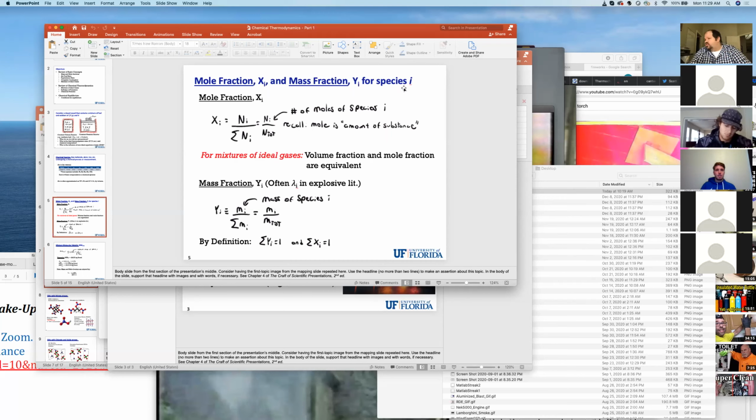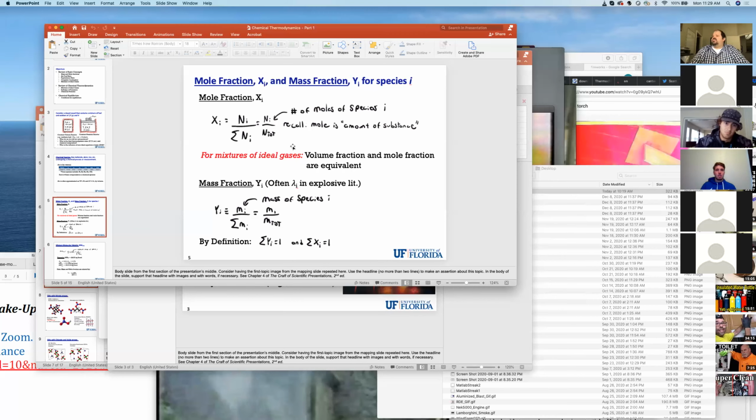So i could be O2, N2, CO2, things like that. The mole fraction is just the number of moles of species i divided by the total number of moles of the mixture. If you want the mole fraction of oxygen, you take the number of moles of oxygen and divide it by the number of moles of oxygen plus the number of moles of nitrogen, et cetera.